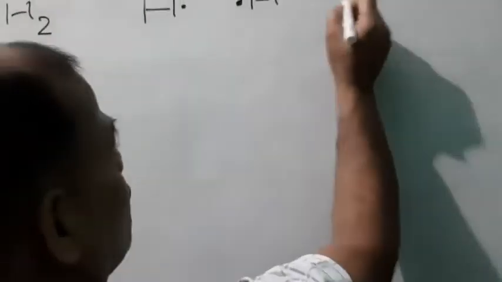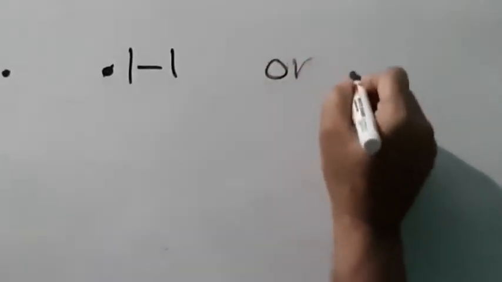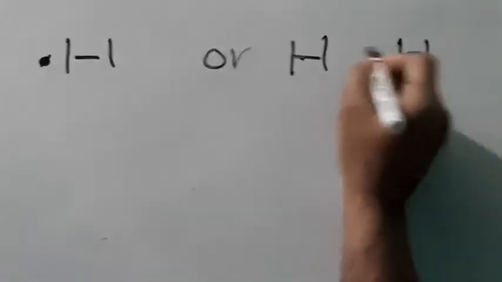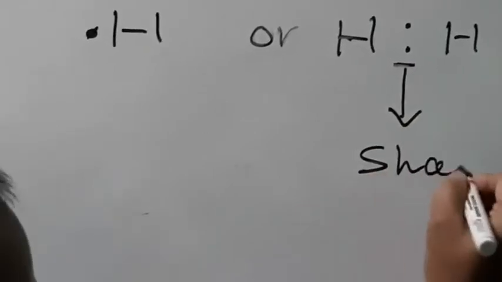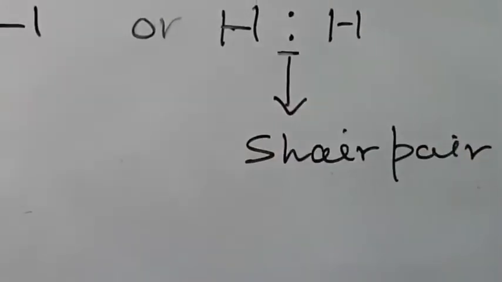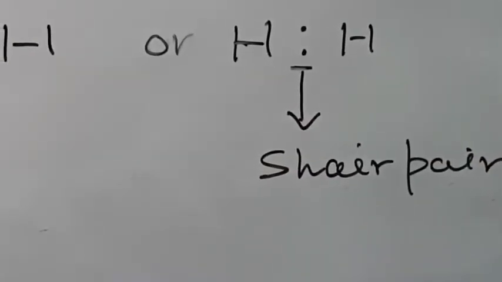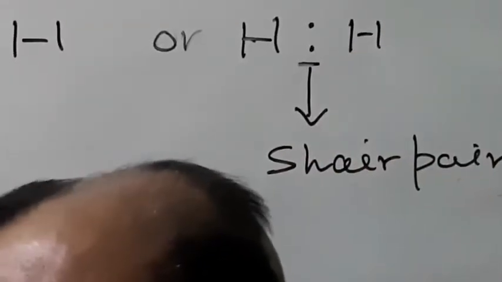In a covalent bond formation, when the covalent bond formation takes place between the same two atoms, then the shared pair electron will be at equidistance from both the nuclei. This is a shared pair of electron.